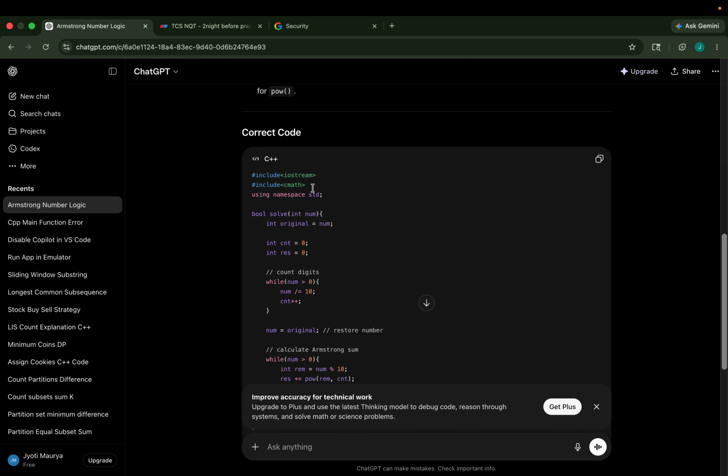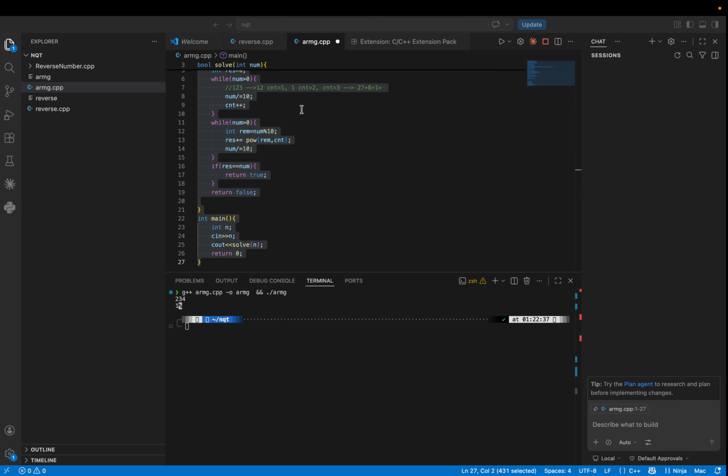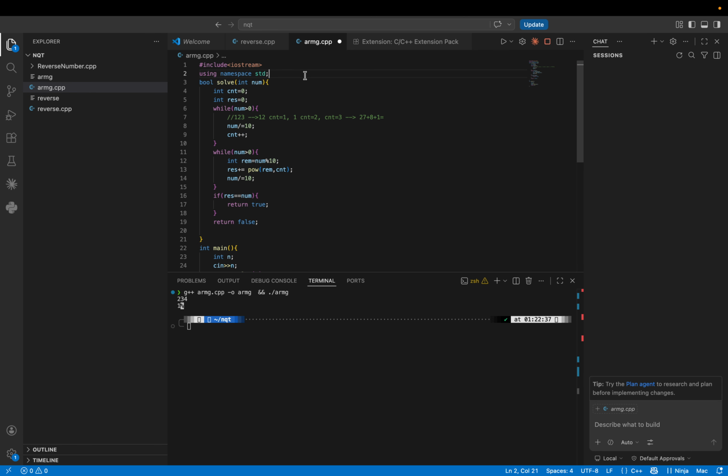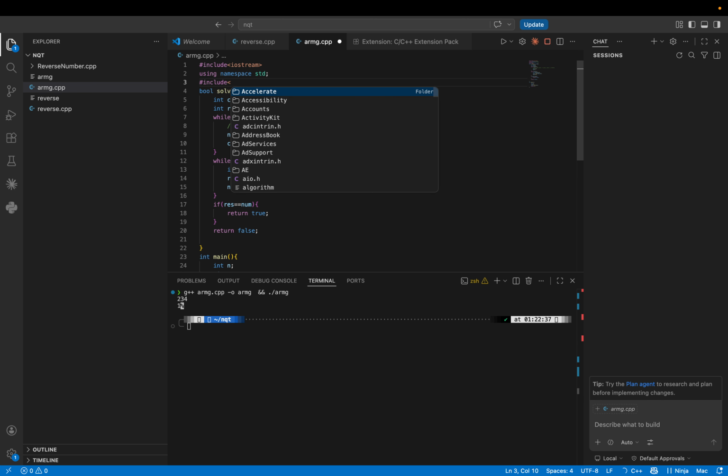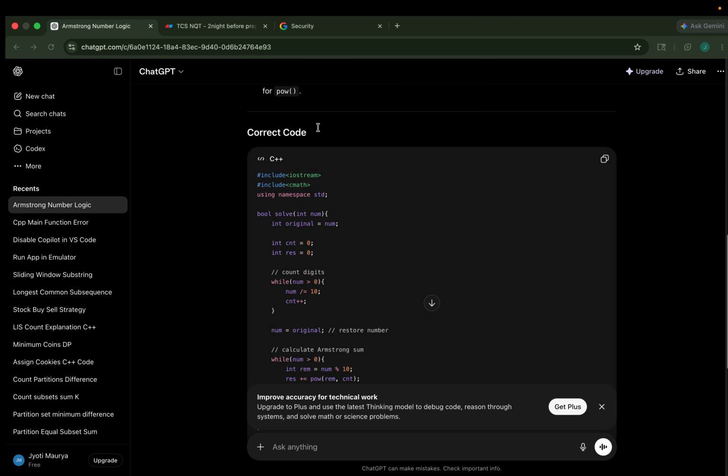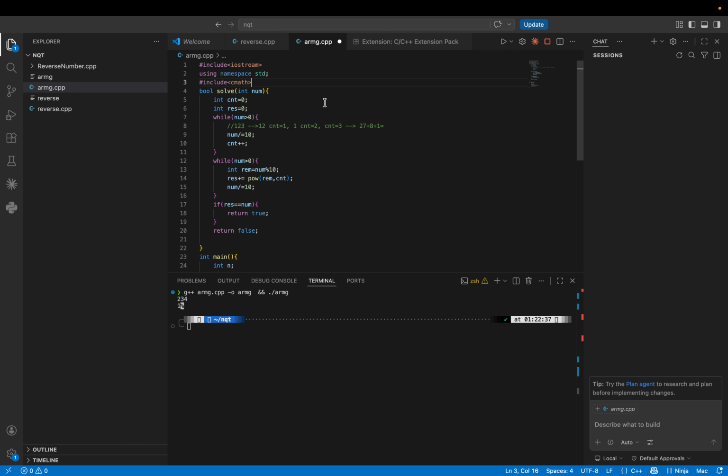So first we need to include this cmath thing. Okay, hash include cmath. Is it cmath.h? No, everything is not .h. Okay. Int original number is equal to num. Got it?